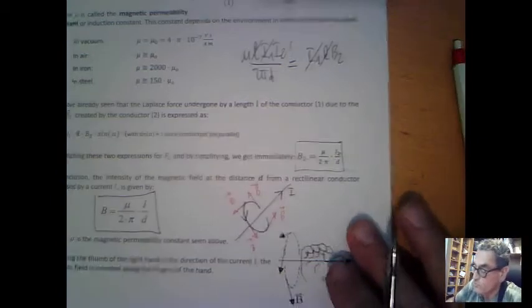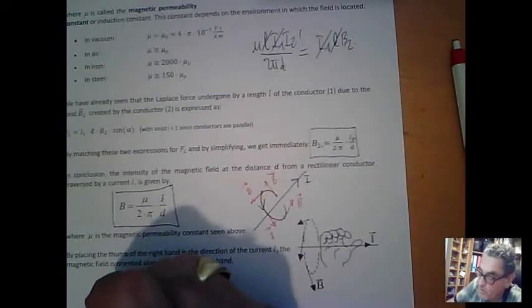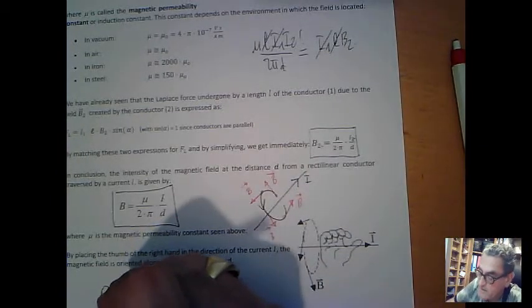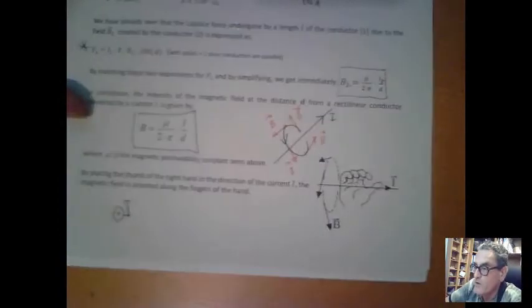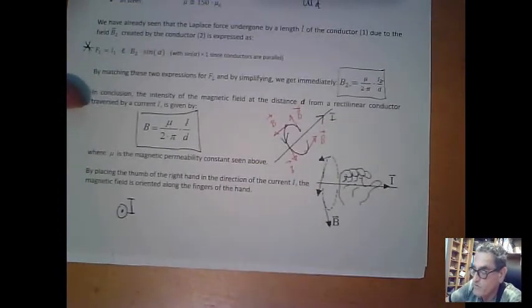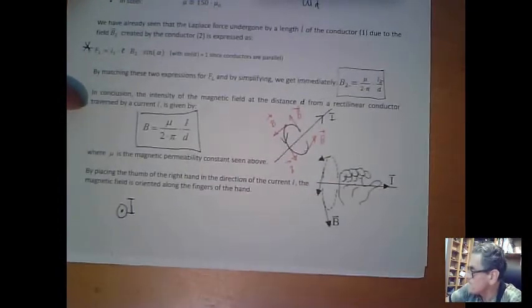So let me do the drawings from above, for instance. Let's imagine I have a current I here which is flowing upwards. How will the magnetic field look like? What do you think? We have a current coming up.